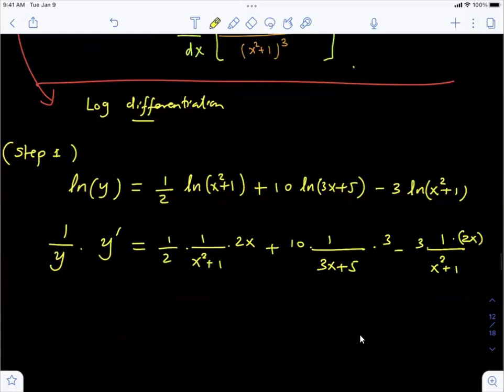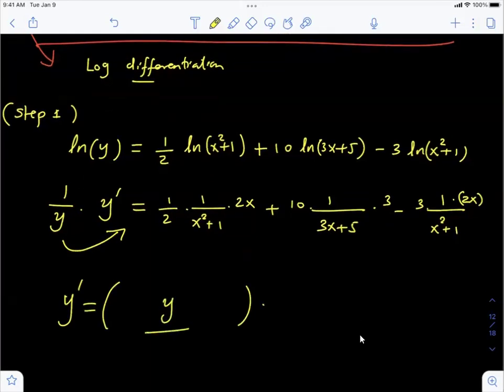Now, here we have the answer for y prime, but not only for y prime, it comes with this 1 over y term in front. So let me cross multiply by this term, just by y. So I will get y prime equals y times, right? I will just write y.